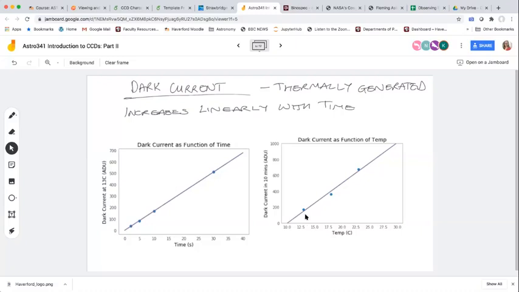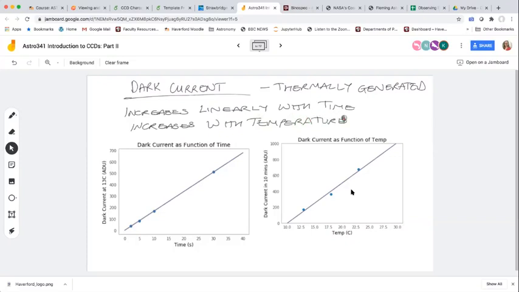I took it at 13 degrees, 18, I think, and 23, which I think was ambient, to look at how it varied with temperature. Because these are thermal electrons, if it's warmer, you get more of them. You can see it's roughly a linear increase with temperature as well, in this regime at least. But I'm not going to claim that it must be linear with temperature. I'm just going to say it increases with temperature.